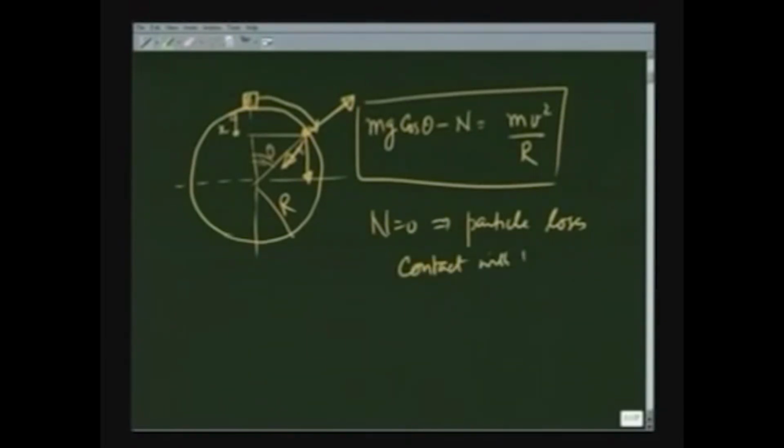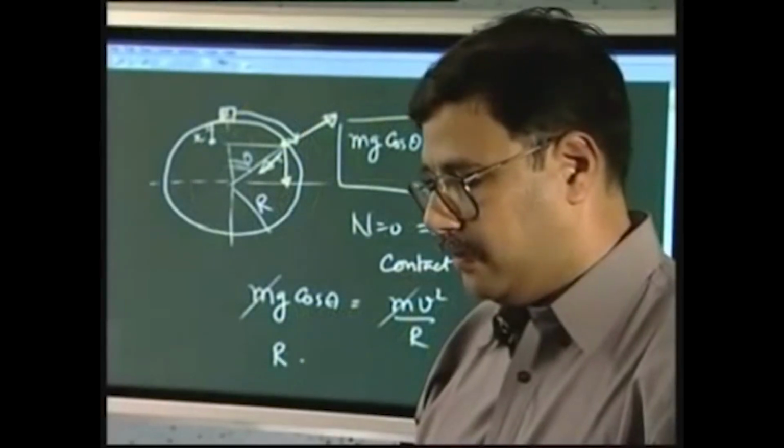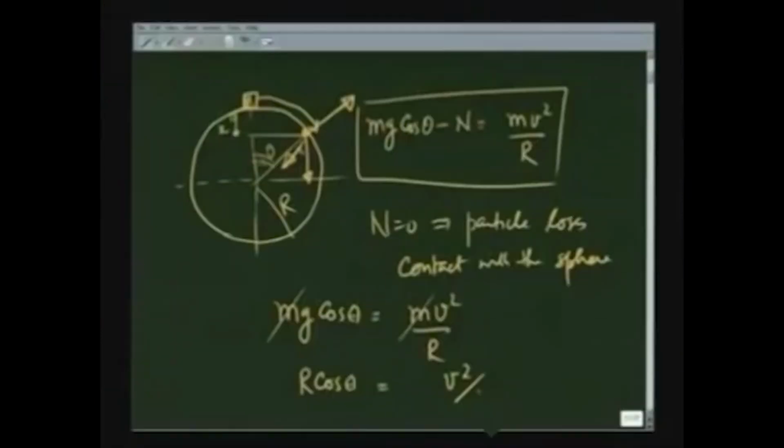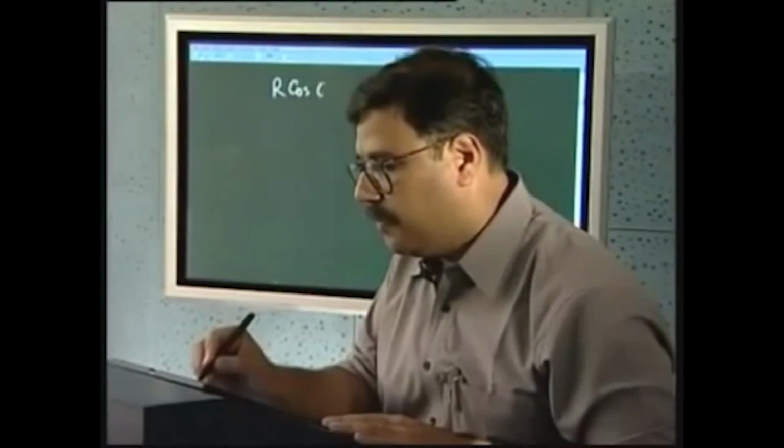with the sphere. So, at that point I am going to have m g cosine theta equal to m v square over r, and therefore r cosine theta is equal to v square over g. I have already calculated v square, so we have r cosine theta equals v square over g.